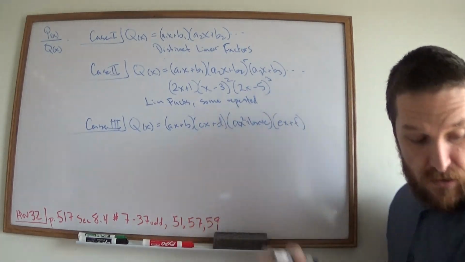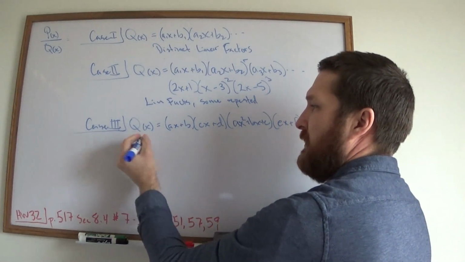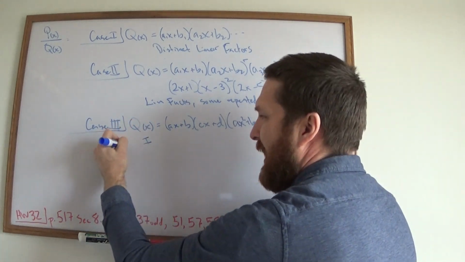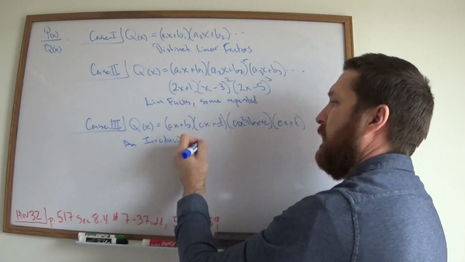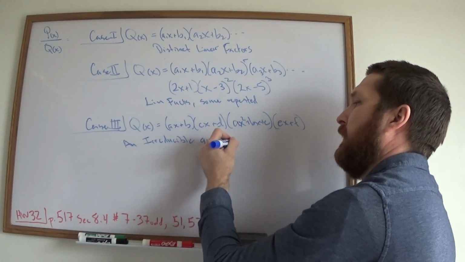And so, okay, what we're going to call this is the case where Q has an irreducible quadratic factor.